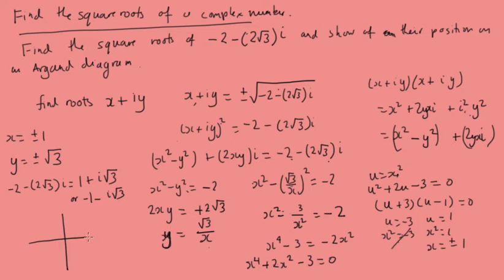So if we draw these on the Argand diagram, 1, root 3 will be about here, and then we've got minus 1, minus root 3, so down here. Okay.